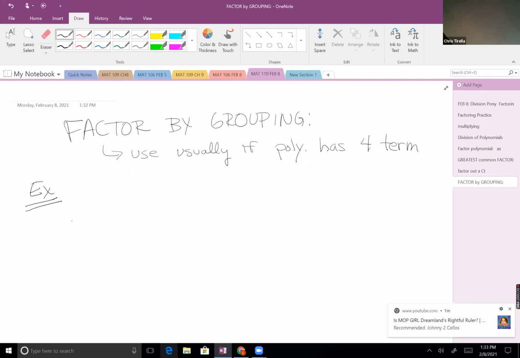Let's look at x to the third minus 2x squared plus 5x minus 10. Again, whenever I factor, the first thing I ask is, is there a common factor to all terms?